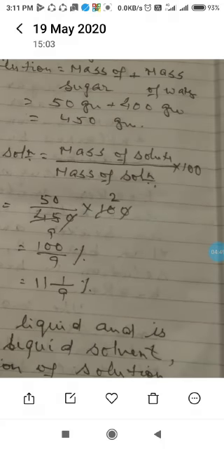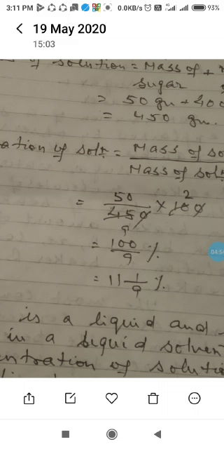Concentration of the solution equals mass of solute by mass of solution into 100. Putting the values and solving, we get 100 by 9 percent. It means the concentration of this solution is 100 by 9, or 11 whole 1 by 9 percent, or in decimal 11.11%.